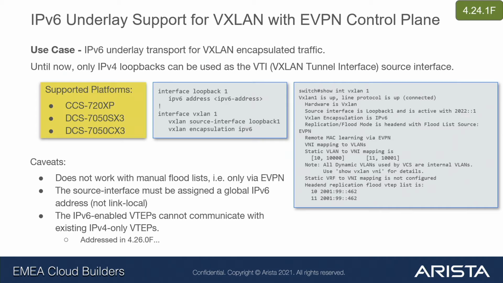So for those who would like to move everything to version 6, this provides a mechanism to do that. In 4.24.1, it doesn't support the ability to communicate with a version 4 VTEP, so you have to have all version 6. But there's a way to fix that I'll come on to in a second.